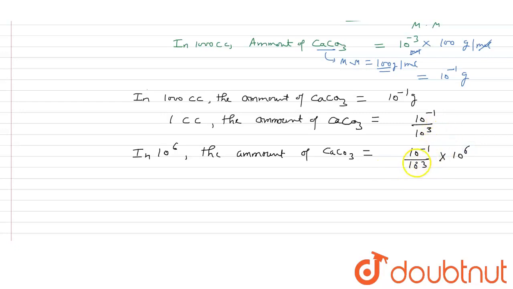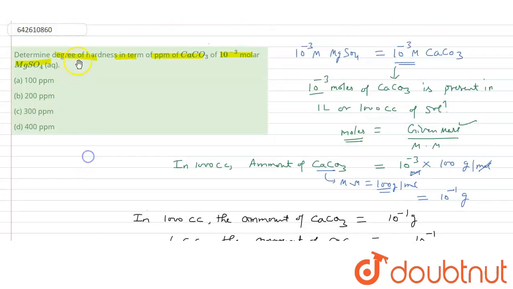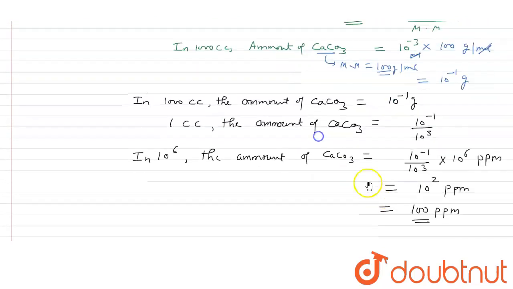It becomes 10 to power 2. If we multiply by 10 to power 6, it becomes ppm, parts per million, so it equals 100 ppm. This is the amount of calcium carbonate, that means the degree of hardness in terms of ppm of calcium carbonate, which comes out to be 100.